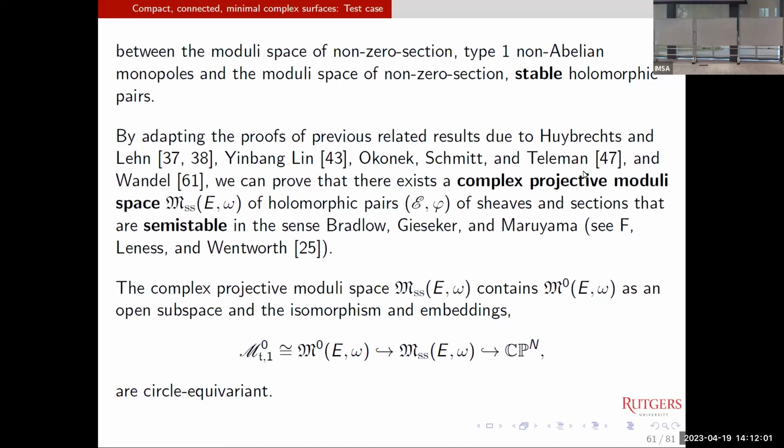So that means you have the following sequence of inclusions. On the right are all the moduli spaces: the moduli space of monopoles with non-zero section, next, the moduli space of stable holomorphic pairs with non-zero section, and then this nice compact complex projective moduli space.